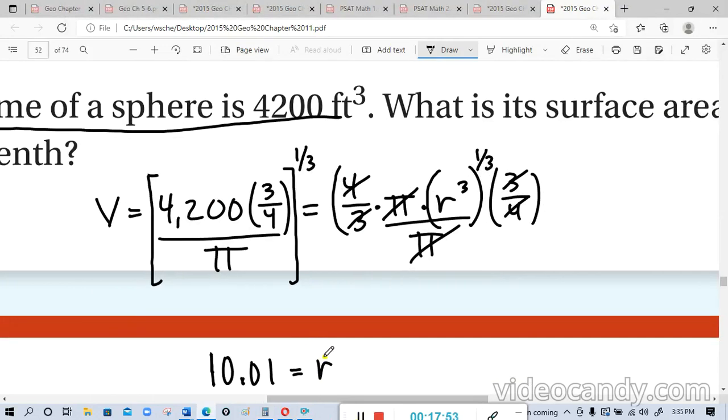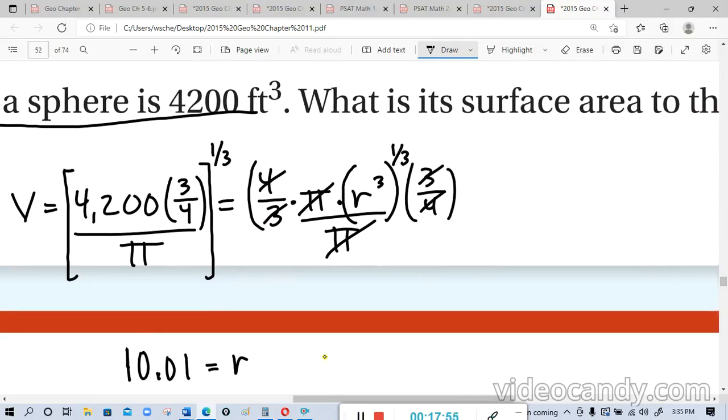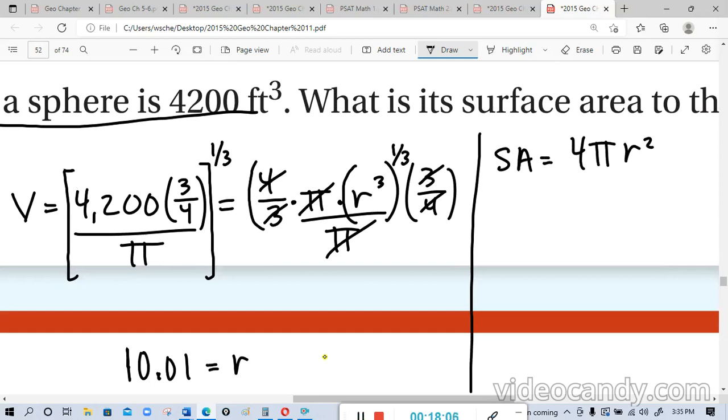And finally, the easy part now is just to do the surface area formula. So we said surface area is 4 pi r squared. That's going to be 4 times pi. R squared is 10.01 squared.